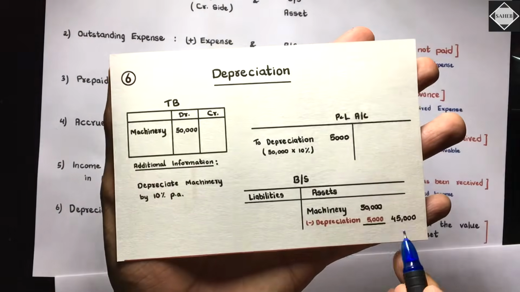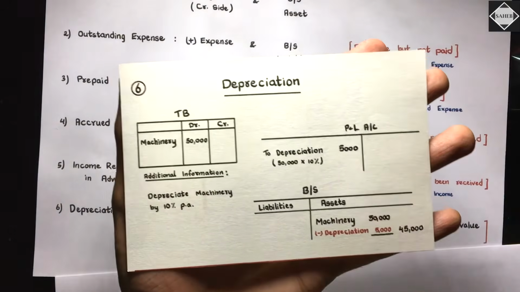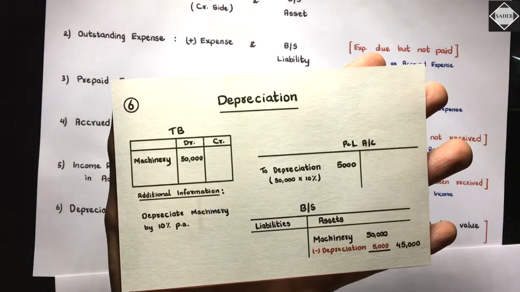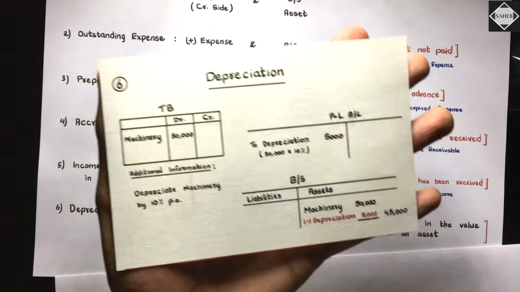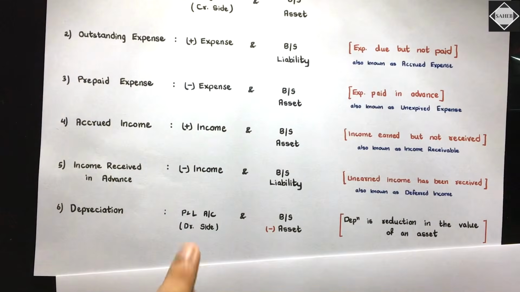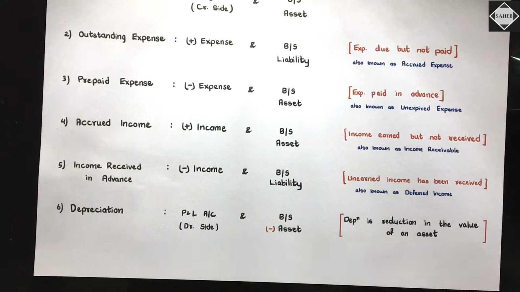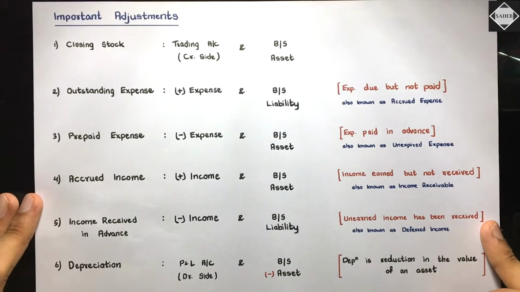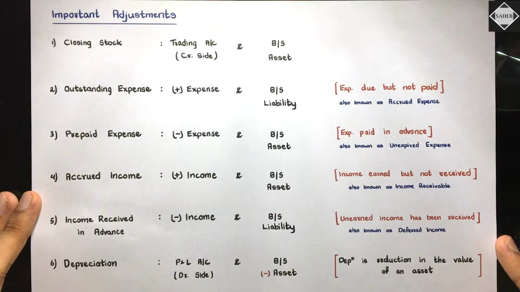So 45,000 is the asset value. You understood? So this is how you have to do the depreciation adjustment. On the debit side of P&L, and then in the balance sheet we have to show it as a deduction, right? So the first 6 adjustments we have understood right now.